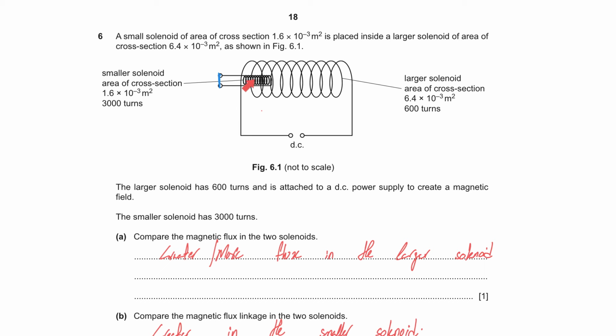Because of that change, an EMF is induced, causing a current to flow in the smaller solenoid. That will cause magnetic poles to be created, and the poles would be such that they oppose the change that produces it, according to Lenz's law. So that will result in an attractive force, which will prevent it from moving out. So this is what we write.